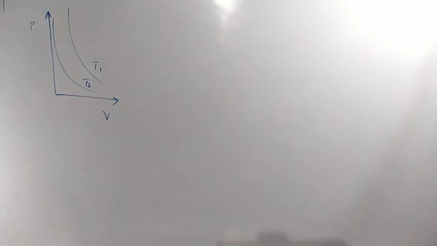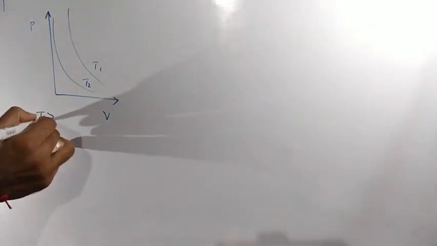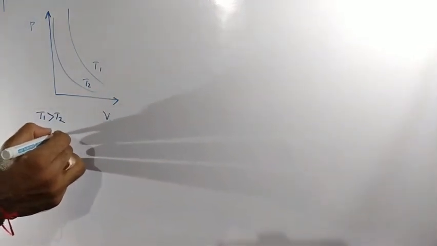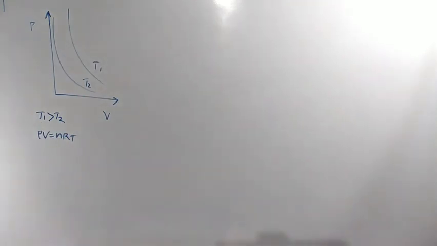If they are asking a question like this, what is the correct option? Among T1 and T2, which one will have the greater temperature? T1 will have the maximum temperature. Correct? I discussed this, I hope, in lecture number 2 or 3. Temperature is directly proportional to P into V, because we know that PV is equal to nRT.